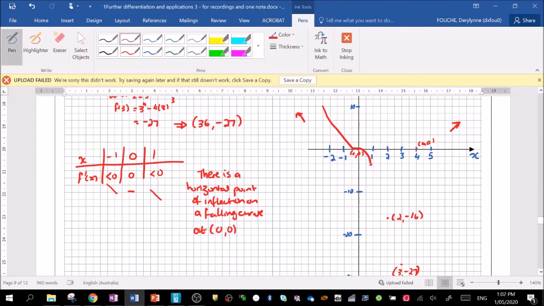I need to go through there, and I have a minimum turning point over here at 3, negative 27, and then I'm going up again to go through my x-intercept and to positive infinity.